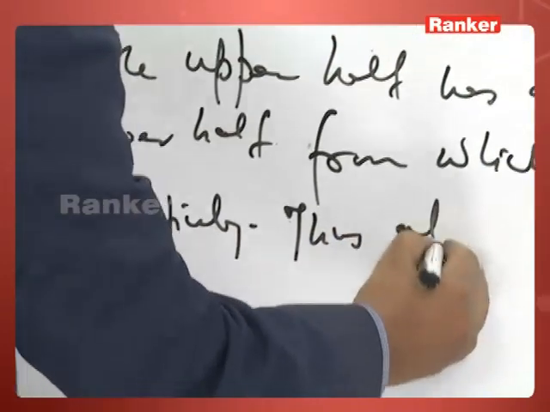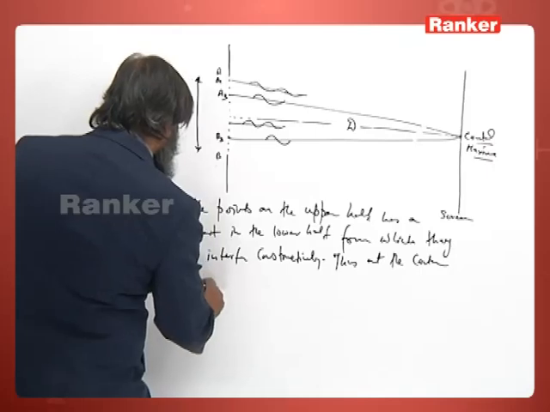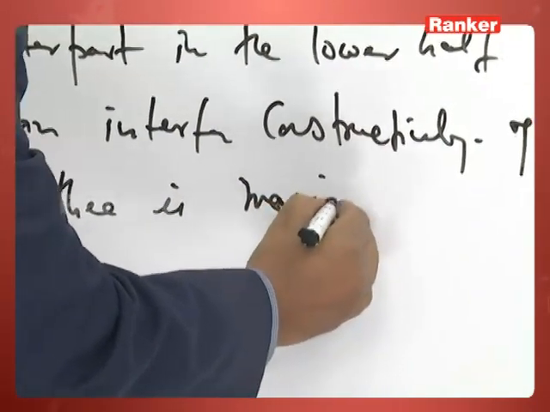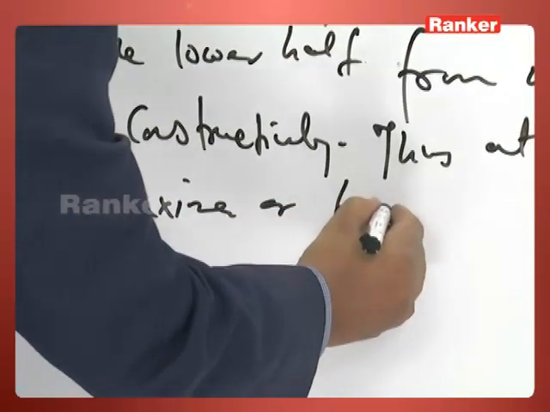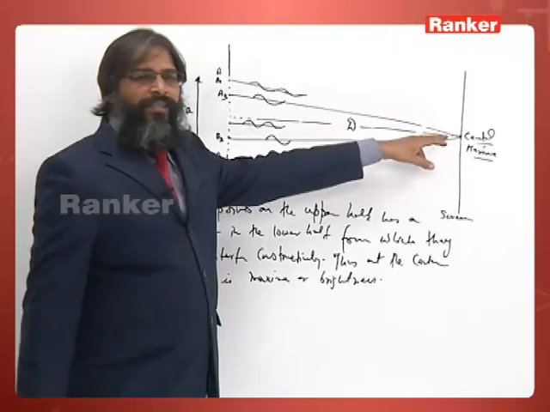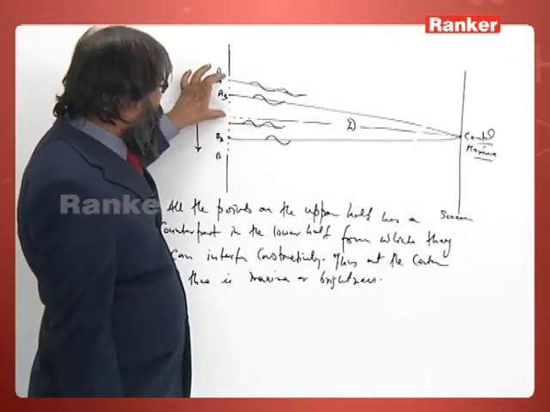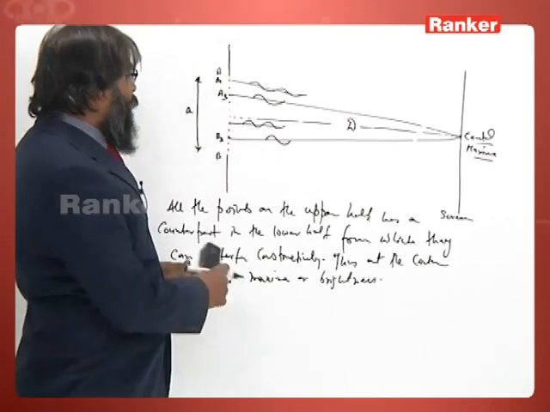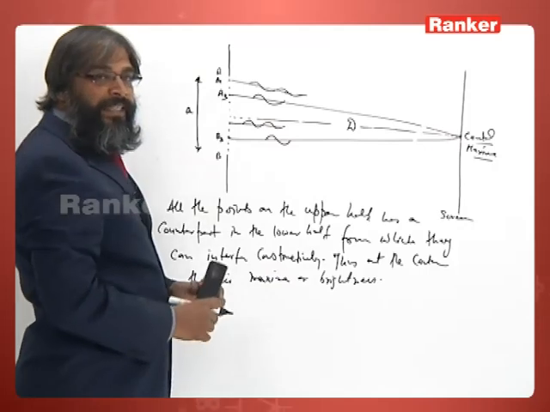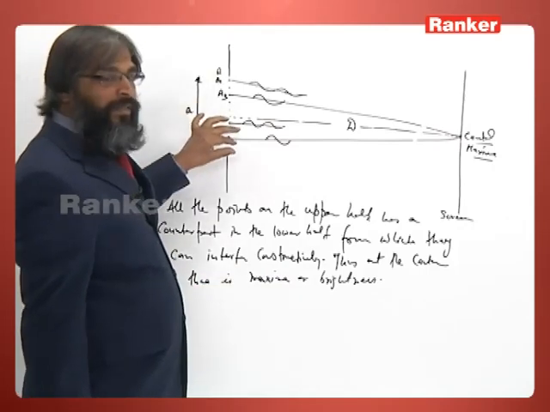Thus, at the center there is a maxima or brightness. So, to prove there is a central maxima, we have divided the whole slit into two portions, and each portion is divided into equally spaced secondary sources.